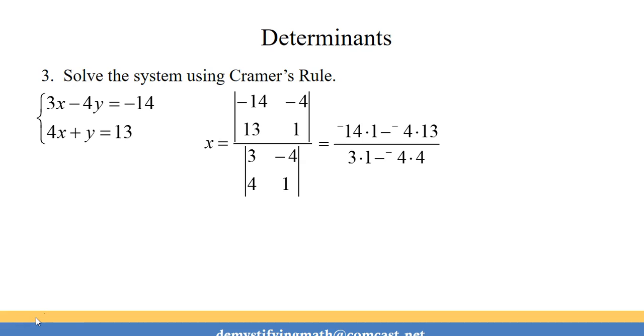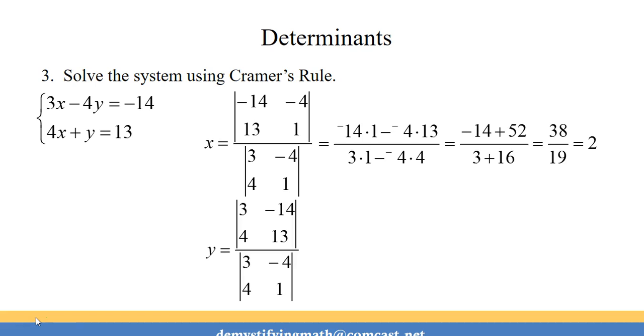All right, again, in the denominator, the 3, negative 4, 4, 1 are the coefficients of x and y. In the numerator, we've taken out the coefficients of x and put in the constants, negative 14 and 13, but we kept the coefficients of y. And in this case, we ended up with 2 as being our value for x.